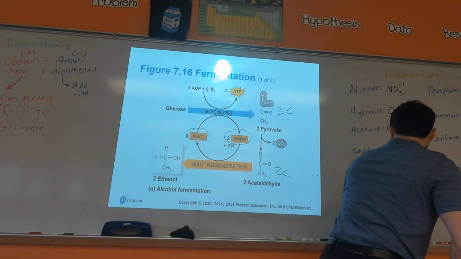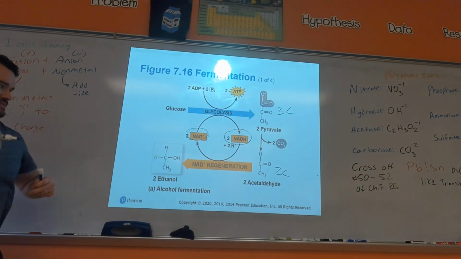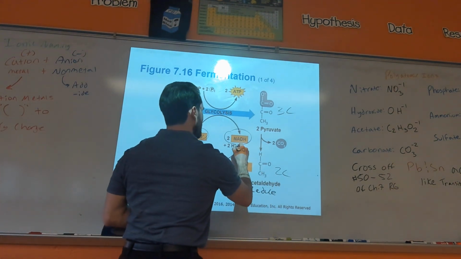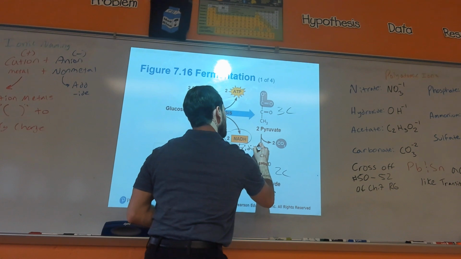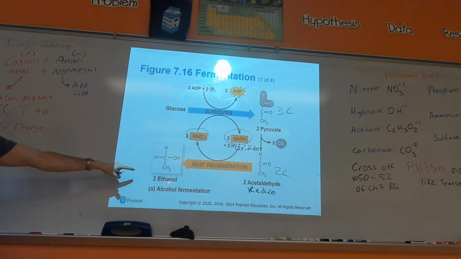Then we're going to reduce acetaldehyde and oxidize NADH. Meaning we're taking the electrons stored in NADH and adding those electrons to acetaldehyde, making ethanol.